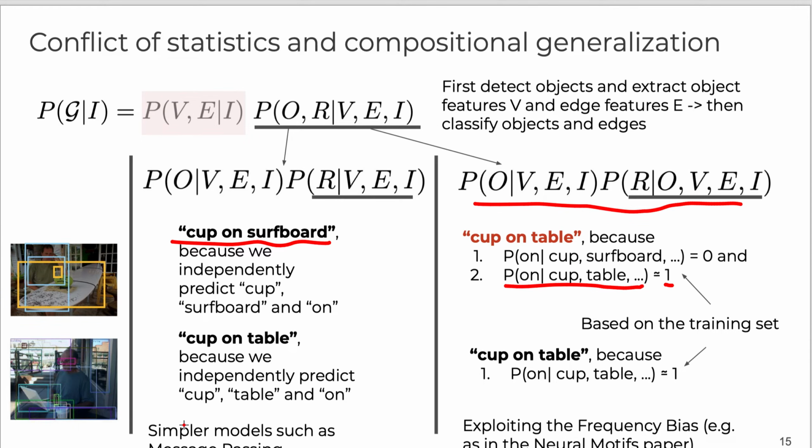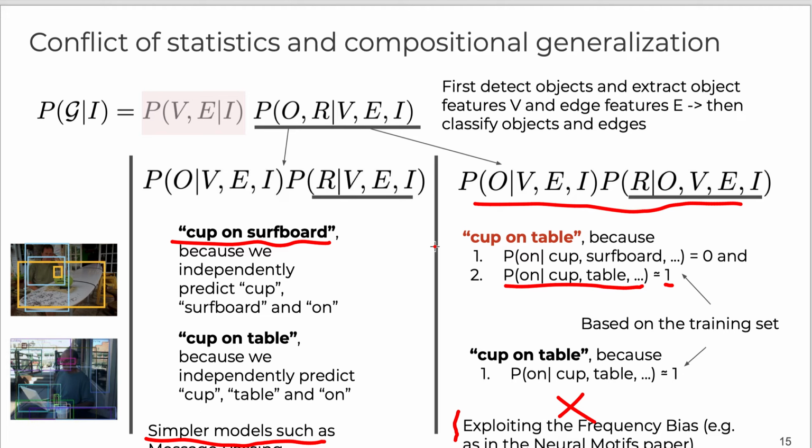And it turned out that simpler methods such as message passing are much better in terms of compositional generalization than more fancy and newer methods that exploit this statistical bias. So these models are not so good in compositional generalization, but they would give you a little gain in terms of the evaluation metric, but in terms of compositional generalization metric, it would give you a huge drop actually.